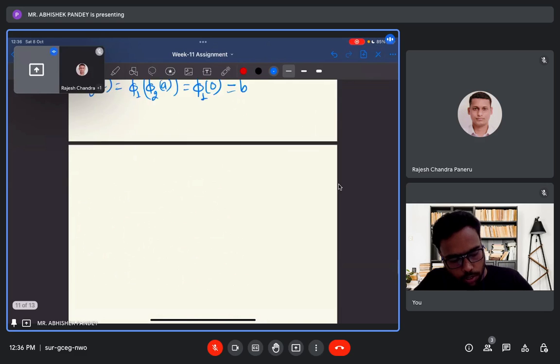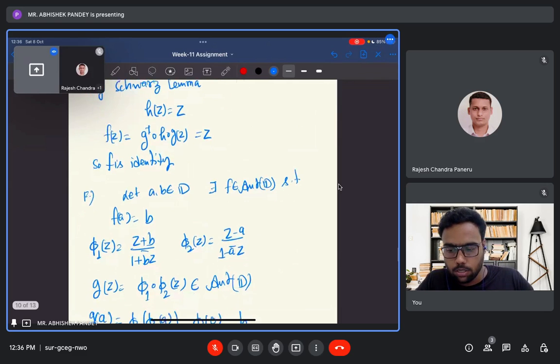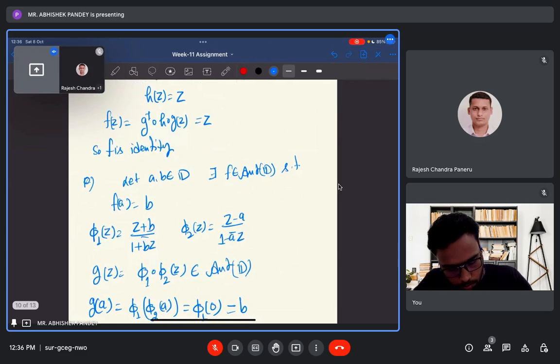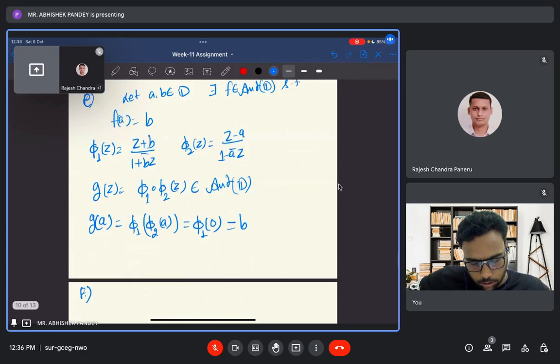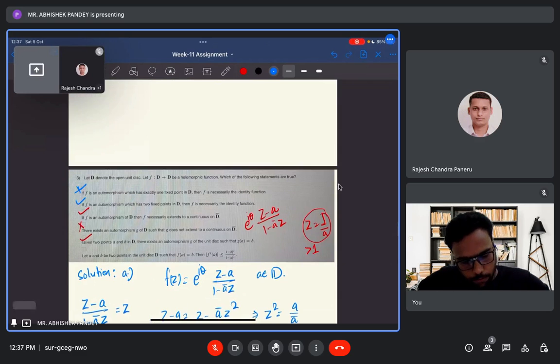Now the next theorem is quite important, which is known as the Pick lemma. Let a, b be two points in the unit disk such that f of a equals b, then the derivative at a satisfies mod f dash a is less than or equal to 1 minus mod b square upon 1 minus mod a square.